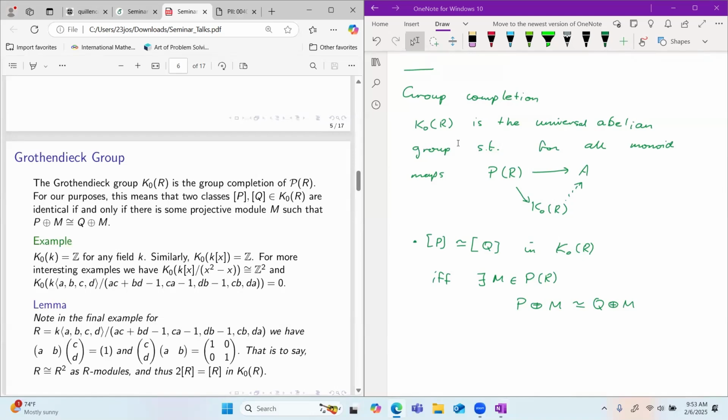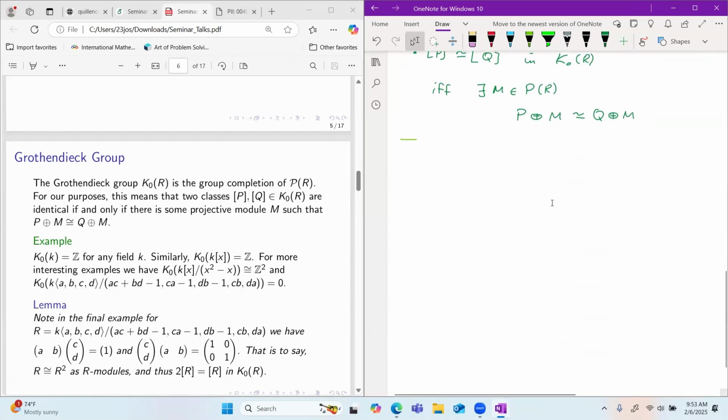To see why, in this new ring here, x and 1 minus x are mutually orthogonal idempotents.